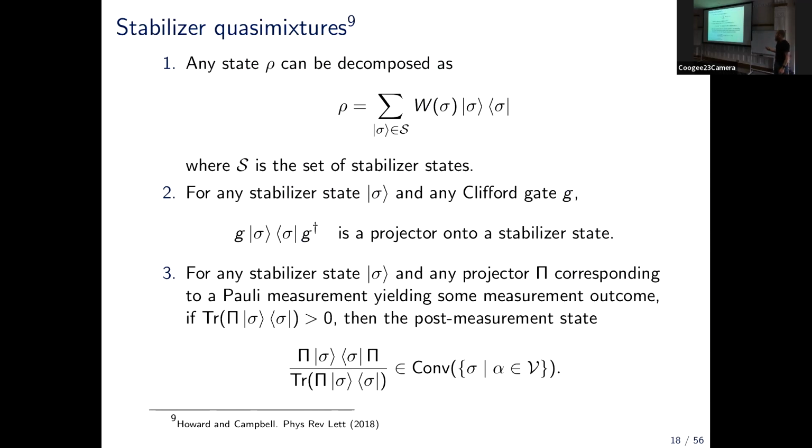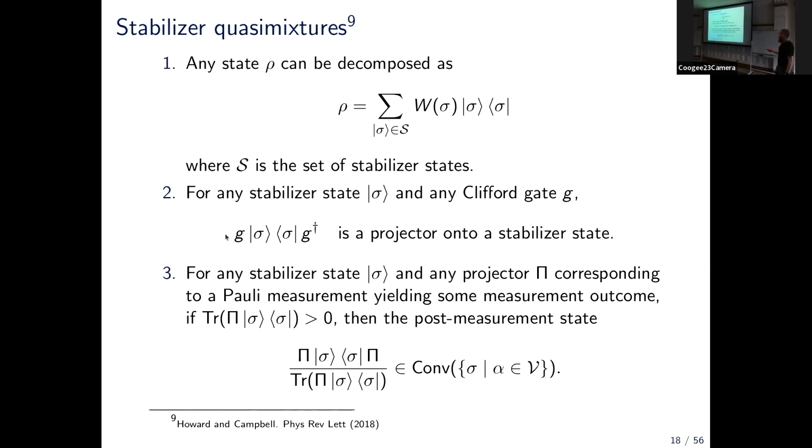Here's a simple example of one of these slightly generalized quasi-probability representations: stabilizer quasi-mixtures. The set of density matrices representing stabilizer states span the space of Hermitian operators. And so any state can be represented as an affine combination of projectors onto stabilizer states.